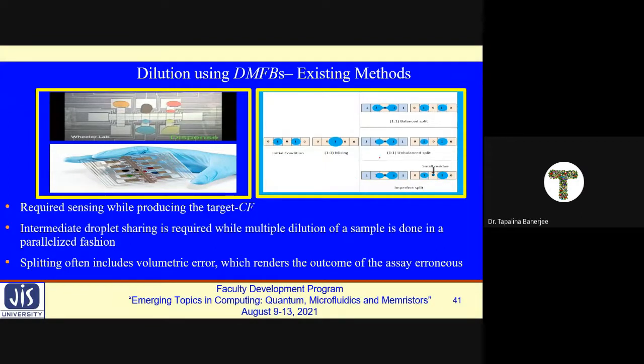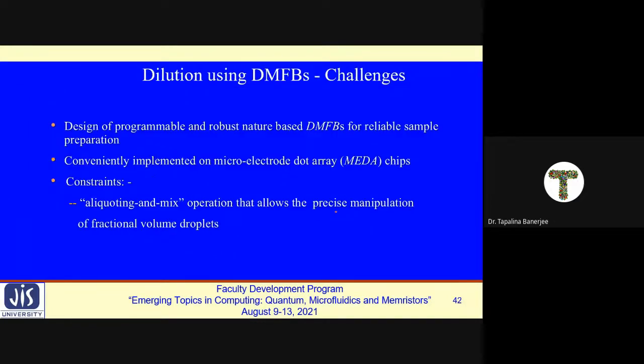So we have to take care of all of these and make a set of challenges to overcome this, such as design of programmable and robust nature-based DFMVs for reliable sample preparation, as well as conveniently implementing them on microelectrode dot arrays. Now, whenever we handle these chips, the allocating and mix operation that allows precise manipulation of what?